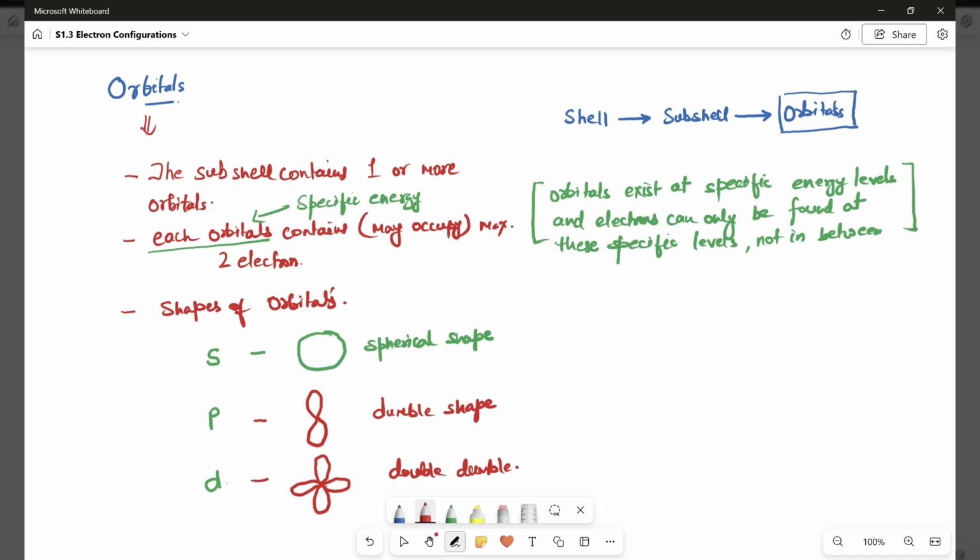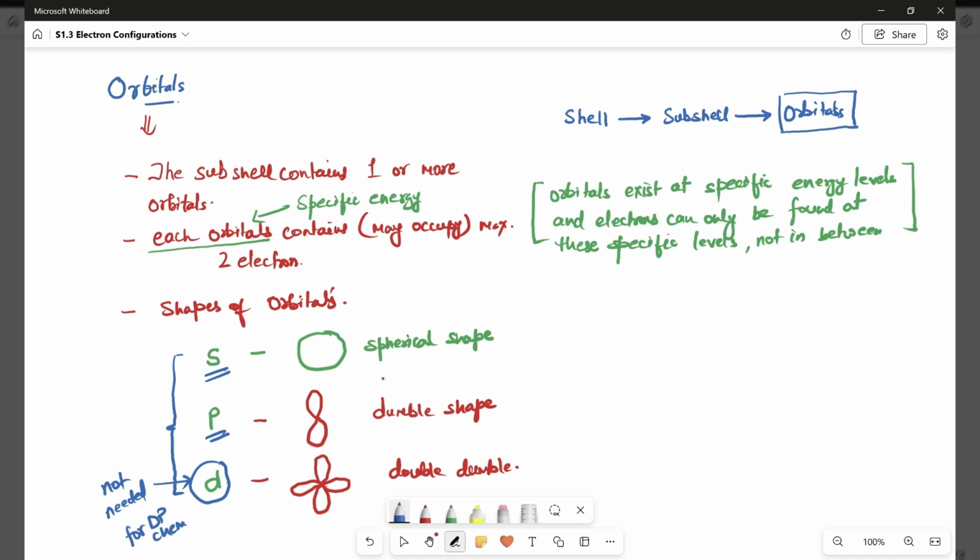So these are different shapes and all are in 3D form, and you will get these shapes already given in the data booklet. And the most important which is required here is s and p. The d orbital shape is not needed in your syllabus for DP Chem. So you don't have to worry about the d shapes, right?